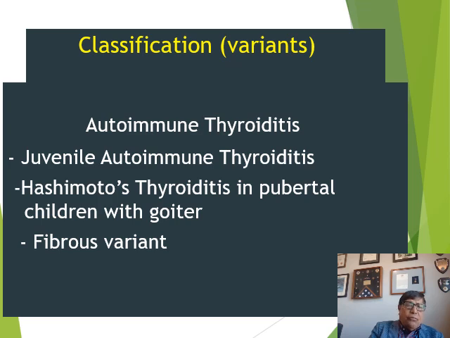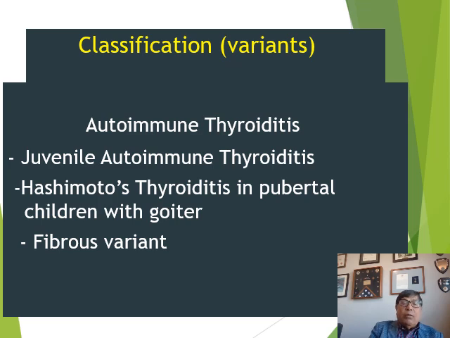And the fibrotic, fibrous variant, the one which is associated with DR5, is also very, very aggressive. The process goes so fast that a goiter, if there ever was one, is not detected.